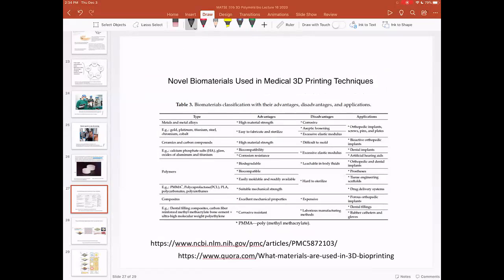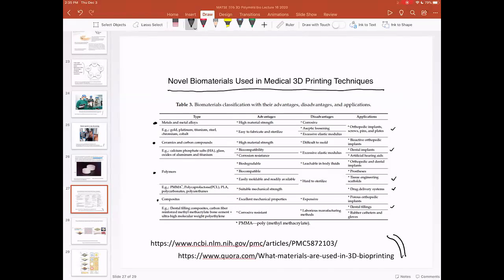And this article right here gives us an idea about all the different biomaterials used in medical 3D printing technology. So if you're interested in metals and metal alloys, if you're interested in ceramics and carbon compounds, if you're interested in polymers and composites, this gives some ideas about whether it's drug delivery systems, tissue engineering scaffolds, dental implants, orthopedic implants, dental fillings.